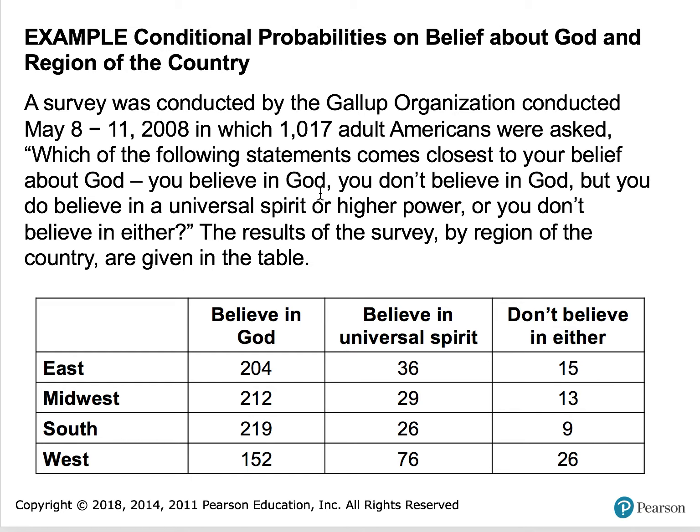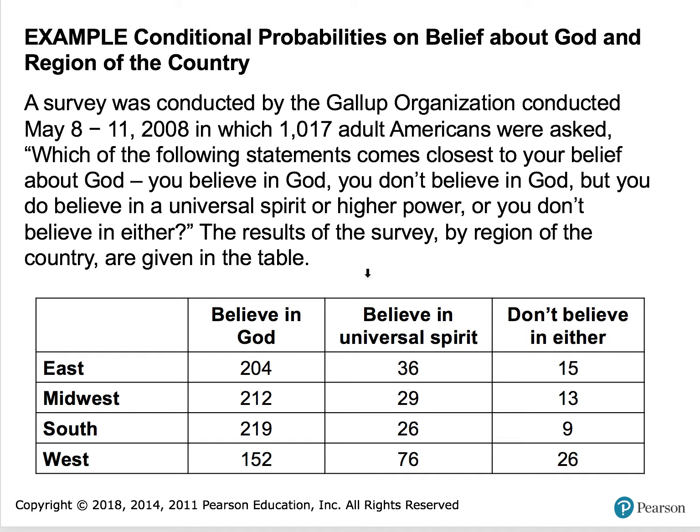Okay, so a survey was conducted by the Gallup organization, conducted May 8th through 11th in 2008, in which 1,017 adult Americans were asked, which of the following statements comes closest to your belief about God? You believe in God, you don't believe in God but you do believe in a universal spirit or higher power, or you don't believe in either.